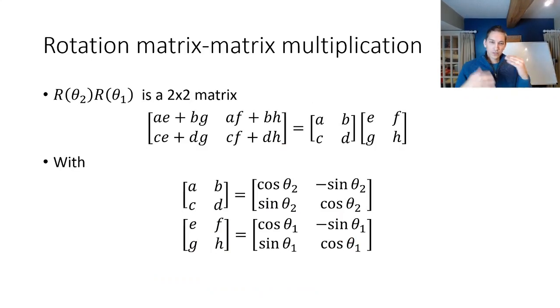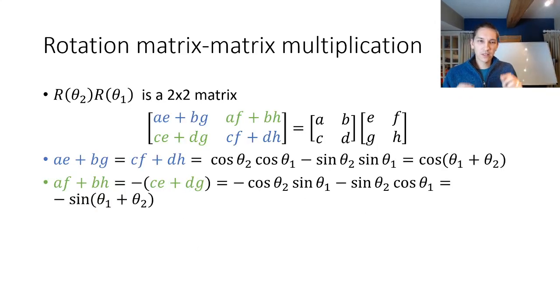If we just perform the matrix multiply of these two 2x2 matrices, we'll get the following expression over here. These are just the standard matrix multiplies. Here we have a 2x2 matrix as the result, and the entries of these terms are the cosines and sines of theta 1 and theta 2. If we actually perform these operations, you can see that the diagonal turns out to be equivalent between these two matrices.